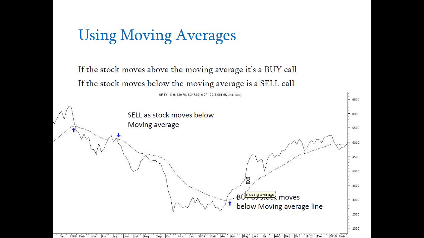If the share moves above the counter, it gives a buy signal. If it moves below the counter, it gives a sell signal. That's a very, very simple explanation of a moving average. So a moving average is nothing but an average which is moving daily. Why do we call it moving? Because let's say if I am taking a 14-day moving average, every 14th day or every trading session, the moving average would either rise or fall.